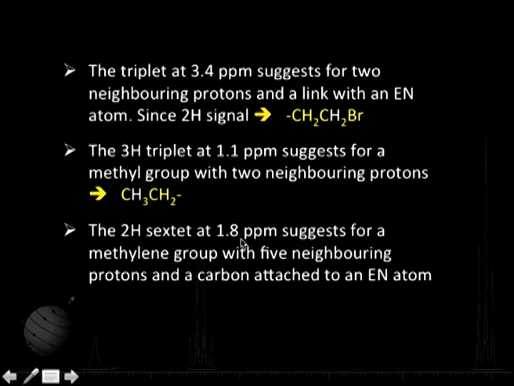Since it is a sextet, a 6 line spectrum, these protons have 5 equivalent neighbors. And secondly, since it is coming at about 1.8 ppm, these protons are attached to a carbon atom which is attached to an electronegative atom, and it could be something like this.